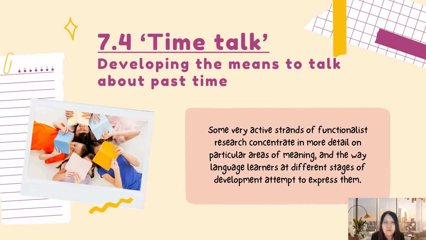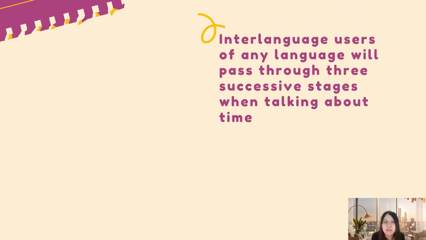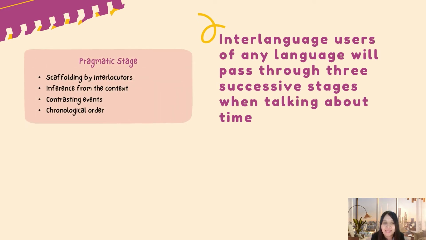So, drawing on the ESF and other studies, Bardovi-Harlig concluded that interlanguage users of any language will pass through 3 successive stages when talking about time. The first stage is the pragmatic stage, where learners rely on scaffolding by interlocutors, inference from the context, contrasting events, and chronological order in order to express time.